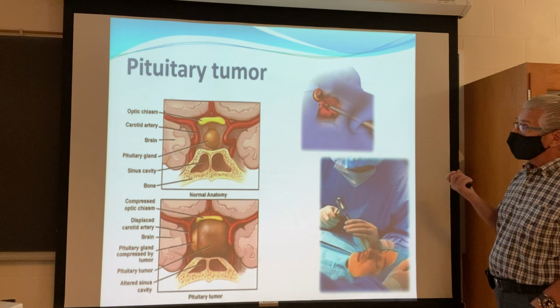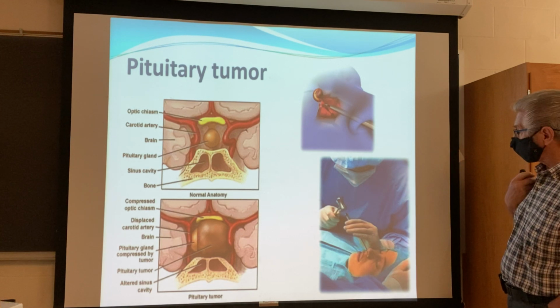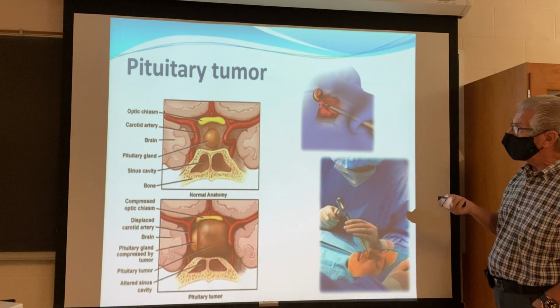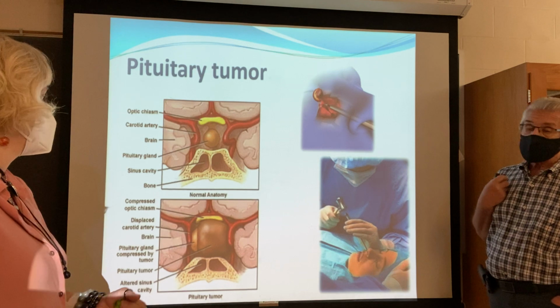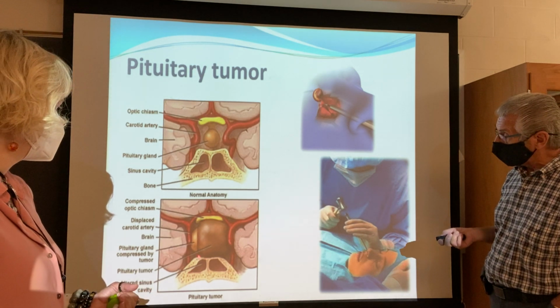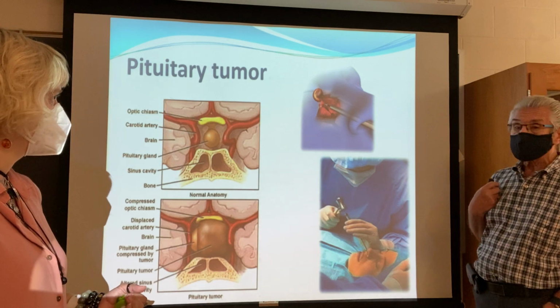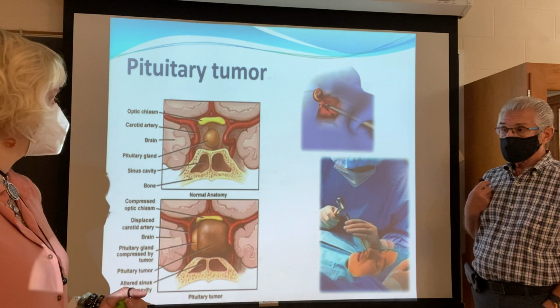Pituitary tumors. This is an aside. I think Dr. Milescu will address this to give you a guide as to the type of tumors. And from personal experience, most, I'm not going to say all, but most pituitary tumors are adeno.